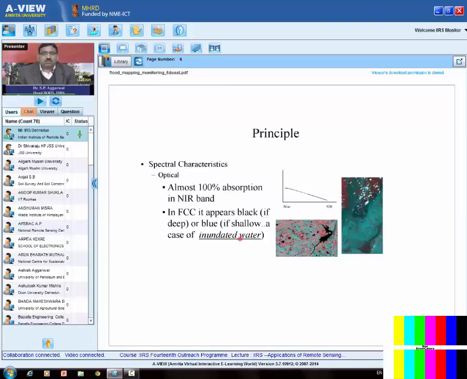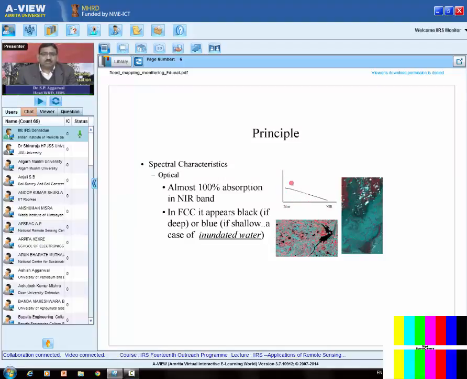So let us talk about the optical sensor and what is the principle of flood inundation mapping. Generally, water absorbs 90% to 95% energy in optical band. If you can see this figure, this y-axis is basically reflectance, and x-axis is the wavelength. Blue and NIR, in between you will find green and red.